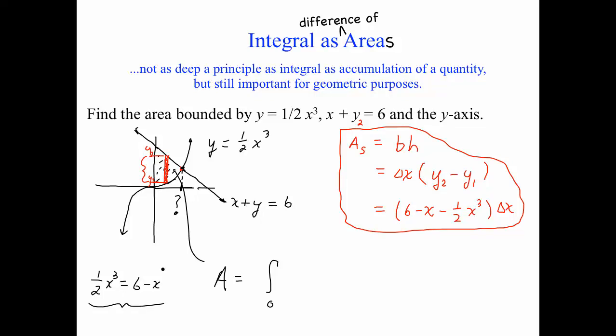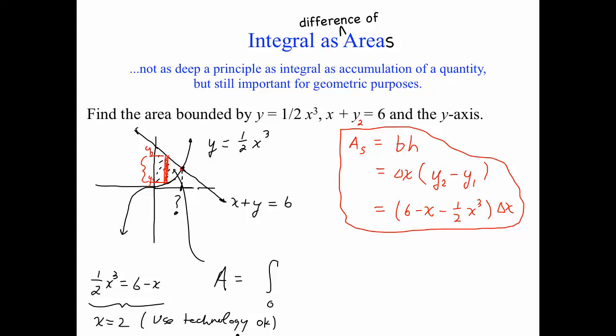Or maybe we can just reason this out. What x value is going to be the same if it's 1/2 x cubed equals 6 minus x? Using technology is okay.